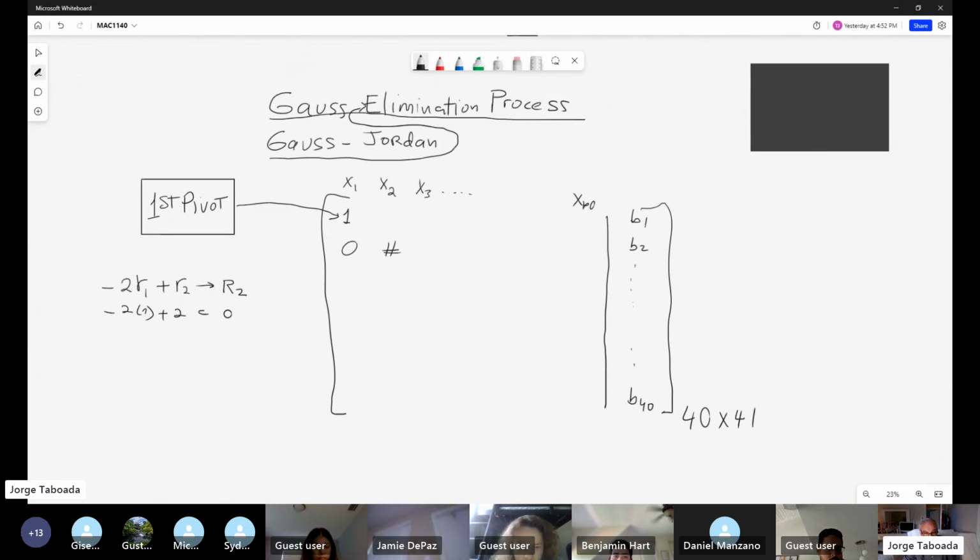I modify the entire row 2. Even this entry is a new one, but it's okay. Suppose another example: we have 3, or -3, in the third row.